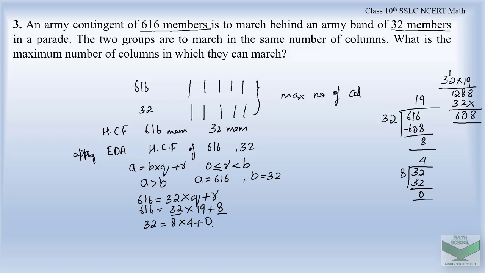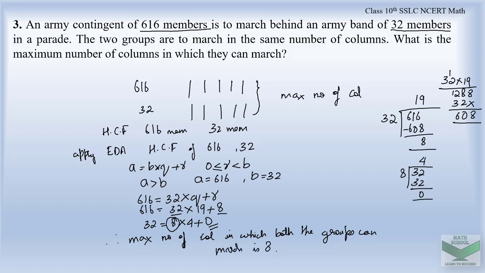So since the remainder is 0, we have to stop the division and the present divisor 8 is our HCF. Therefore, we can say the maximum number of columns in which both the groups can march is 8.